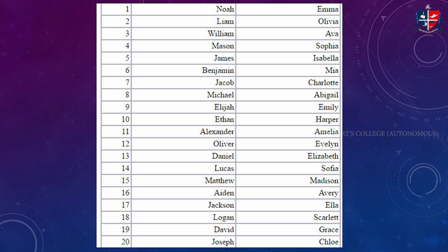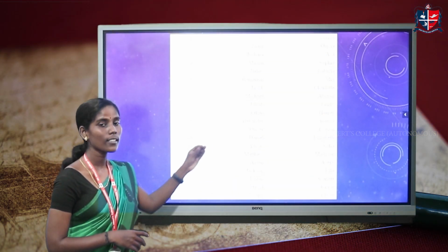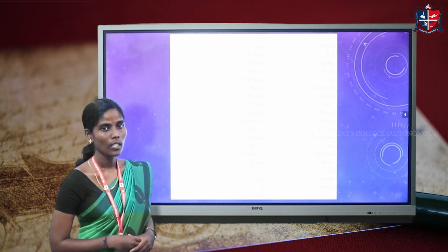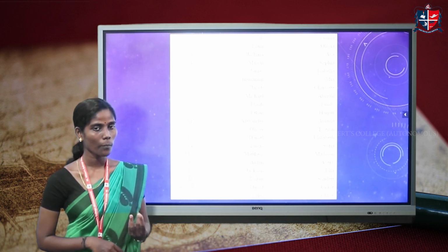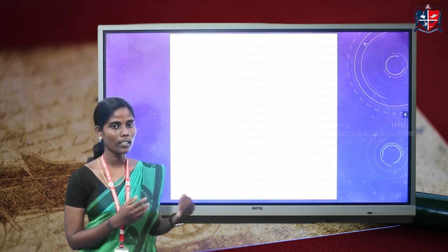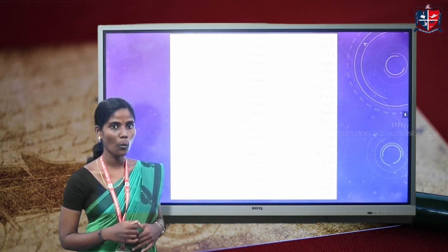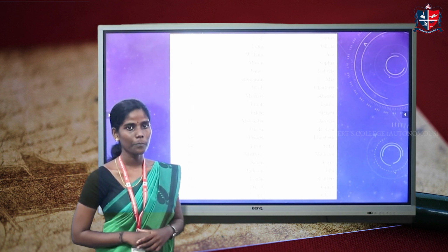See, here 40 names are here. So we are selecting 4 units as our sample. First, we will take the interval. Population size is 40 and sample size is 4. So by dividing 40 by 4, the interval will be 10.